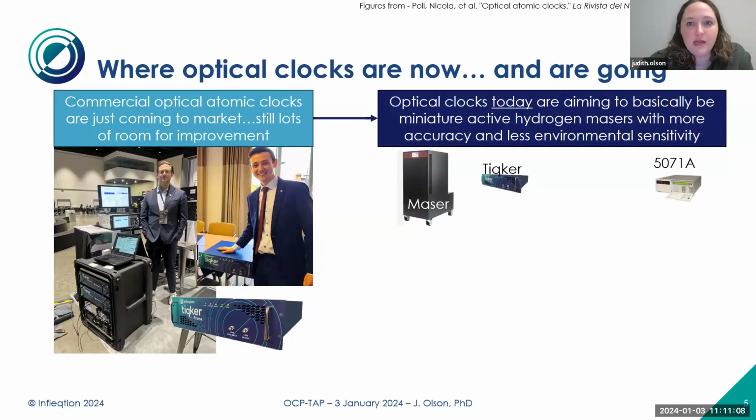Most of the clocks coming to market from the optical clock land are really just designed to act like an active hydrogen maser. So something you currently can buy, but in a much, much smaller form factor and much less environmentally sensitive. So if you ever get the chance to use a maser for an activity, you probably are familiar with the fact that it needs to go on a vibration isolation stage, or at least vibration isolation bed. And then all of that needs to be wheeled into an environmental chamber that carefully controls the temperature to millikelvin and controls the humidity very well.